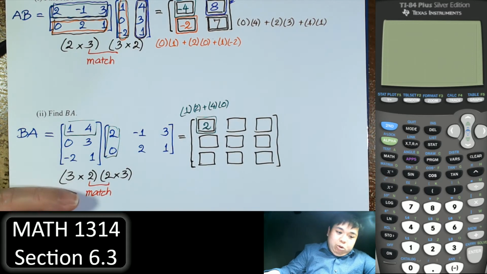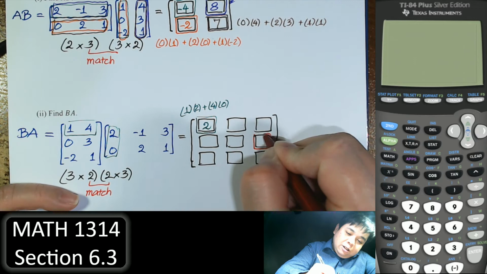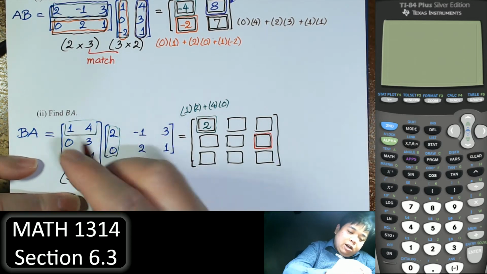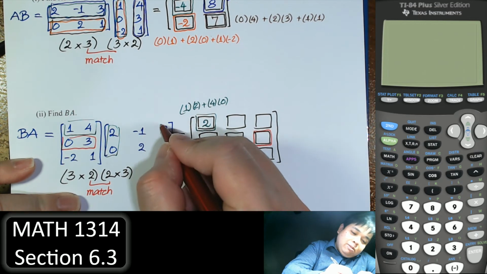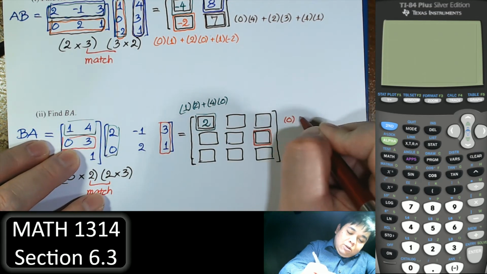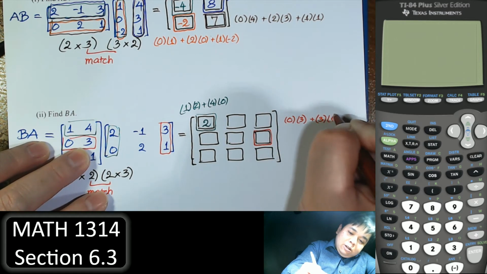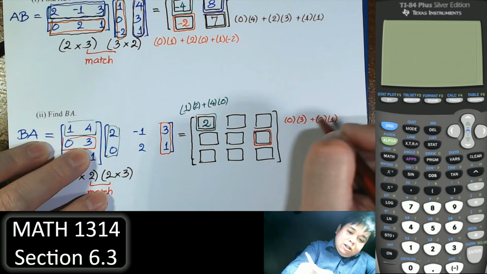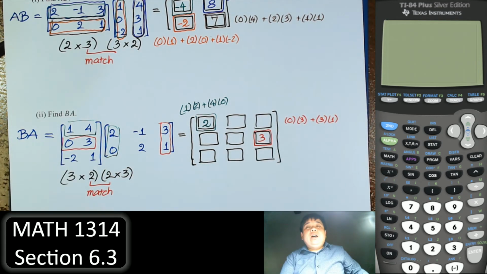And then let's pick this one, on the second row and third column. Times 3 plus 3 times 1. That's 0 and that's 3. Of course, with that we can do the rest of the matrix.